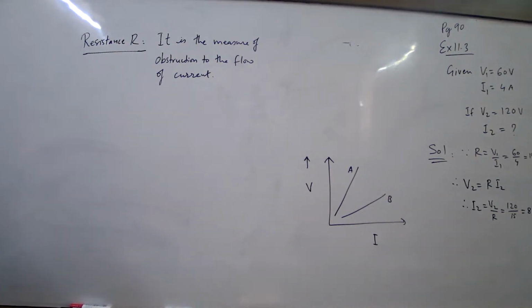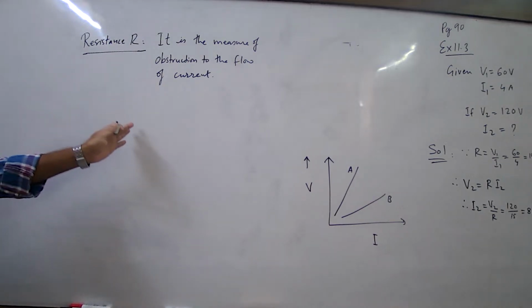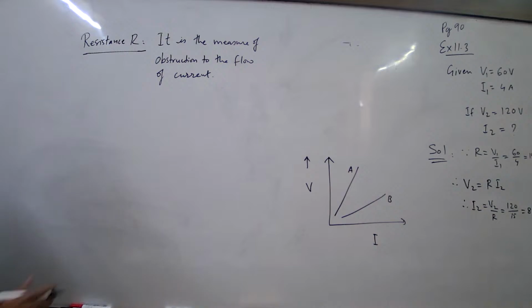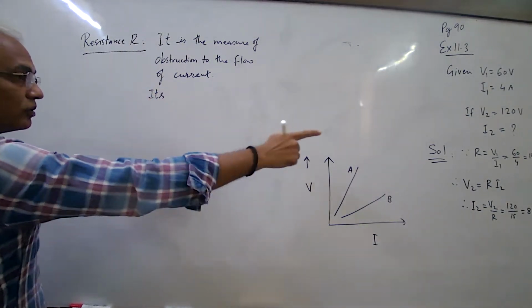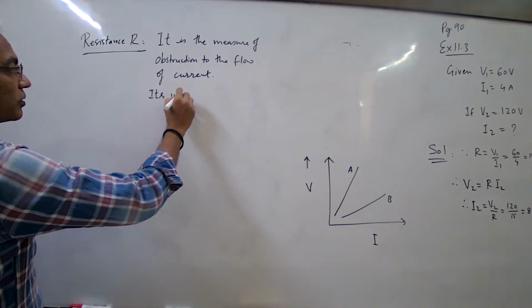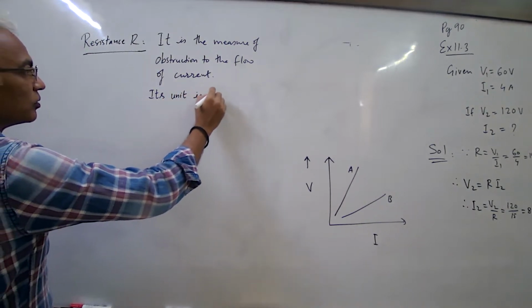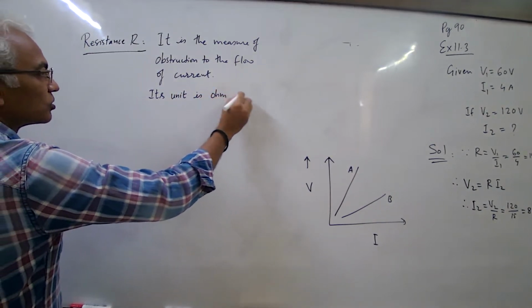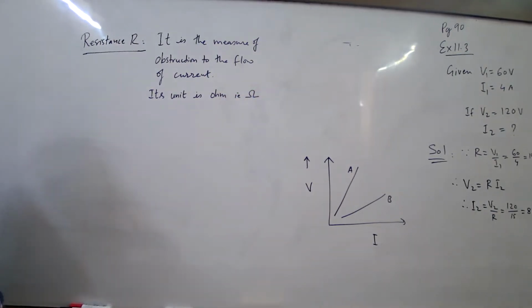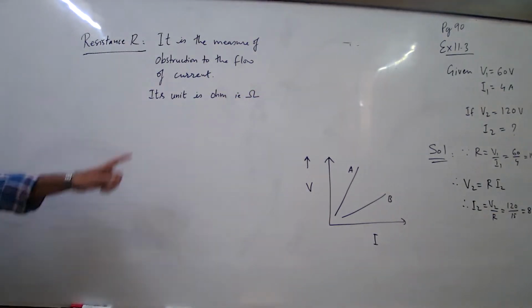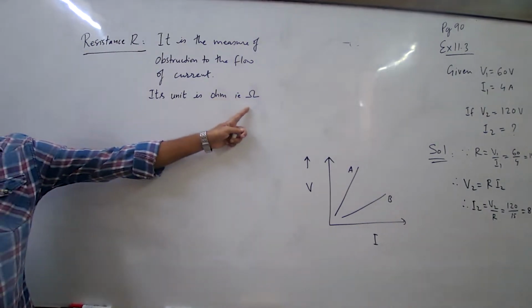This we already know. Either obstruction or you can say opposition. It offers opposition to the flow of current. What is its unit? Its unit is ohms. This is the symbol. Unit of resistance is ohm, and this is how it is written.